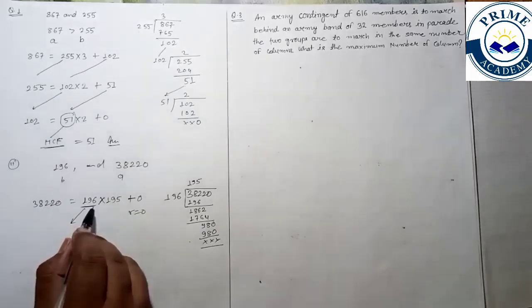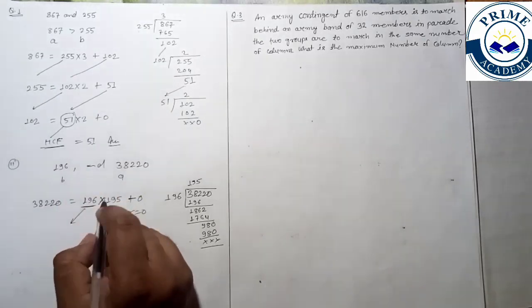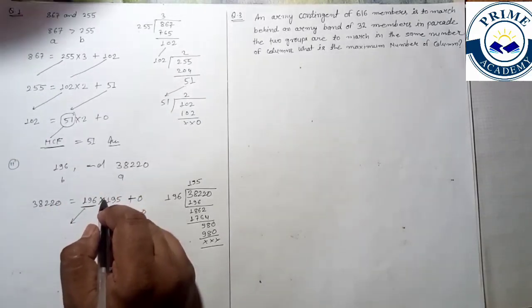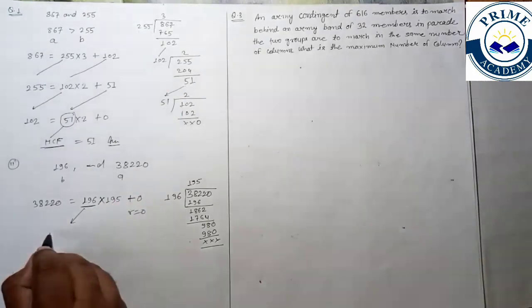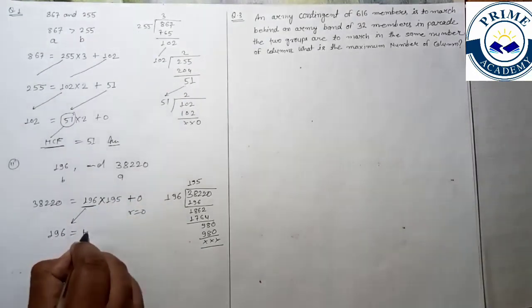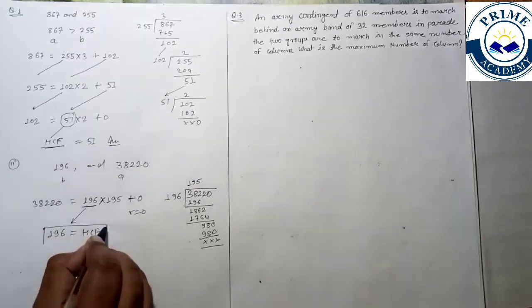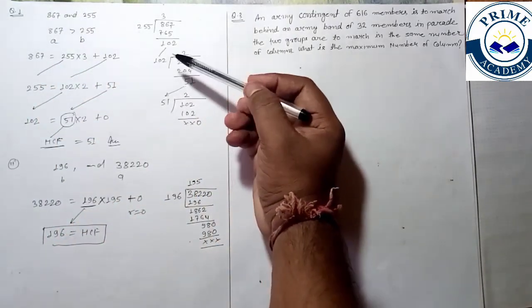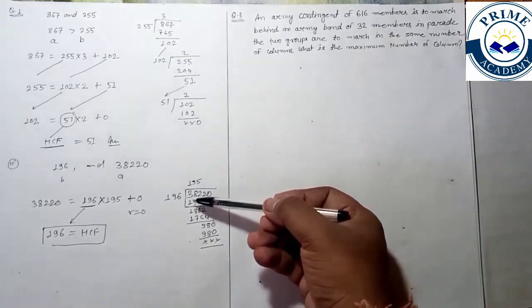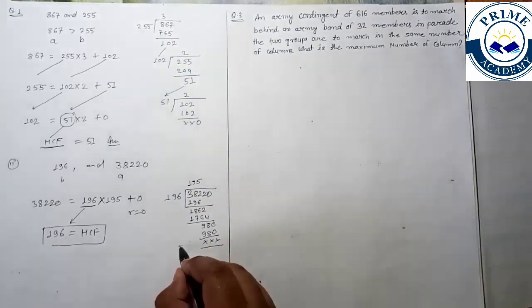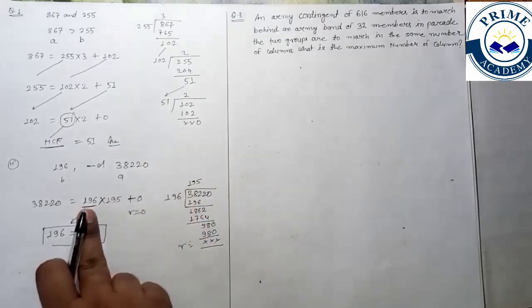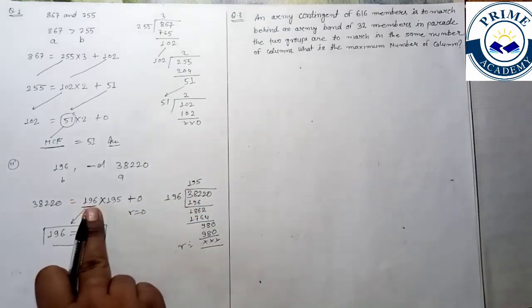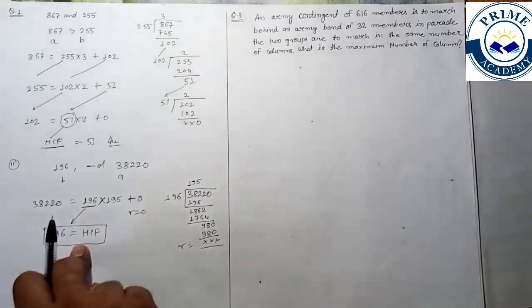So 196 gives you the HCF of these two numbers. Very simple. So you can solve Euclid division lemma by your primary division rules, right? Whenever the remainder is 0, you just stop, and that divisor, the B value, will be the HCF.